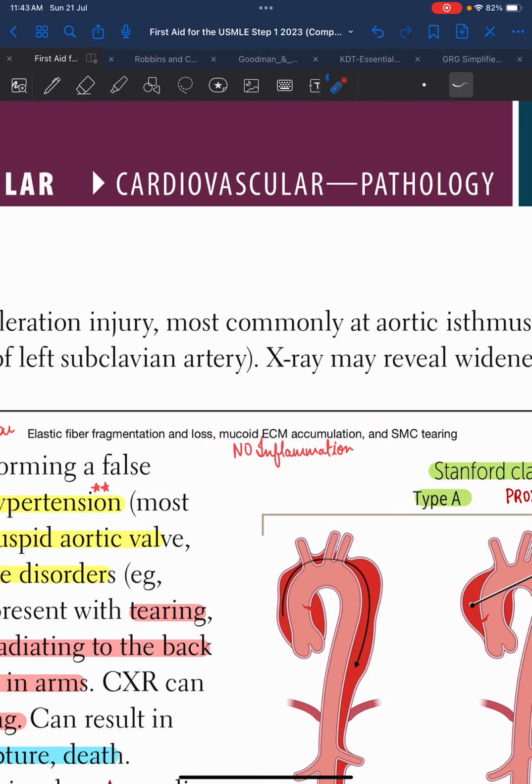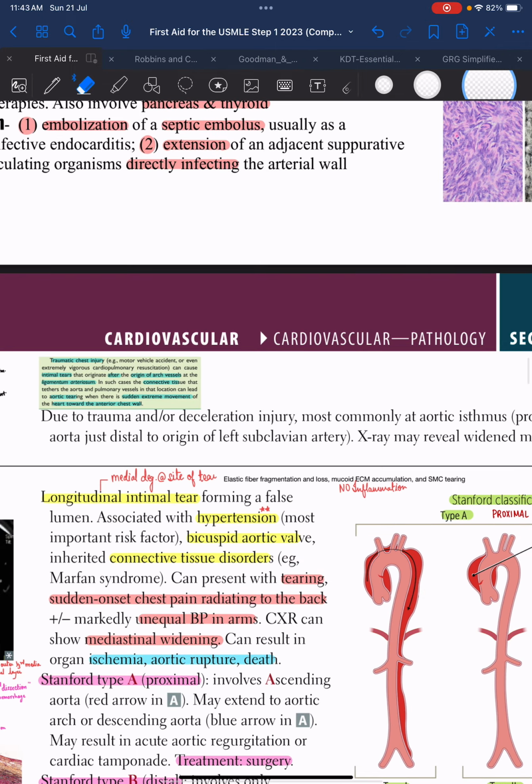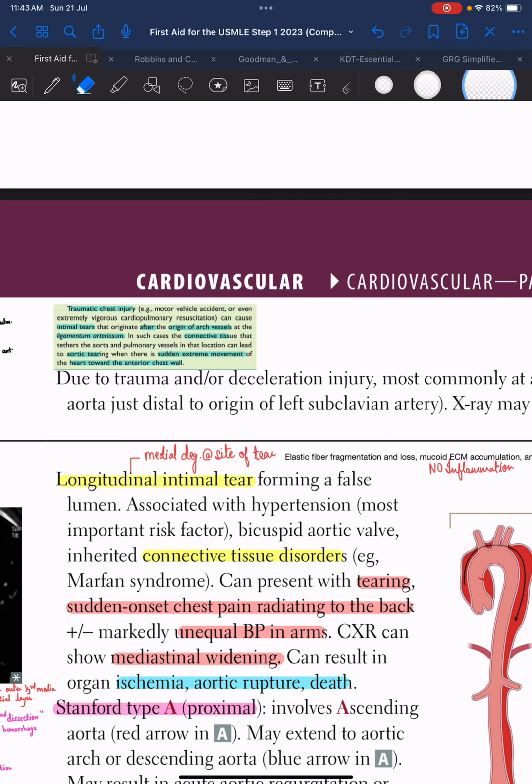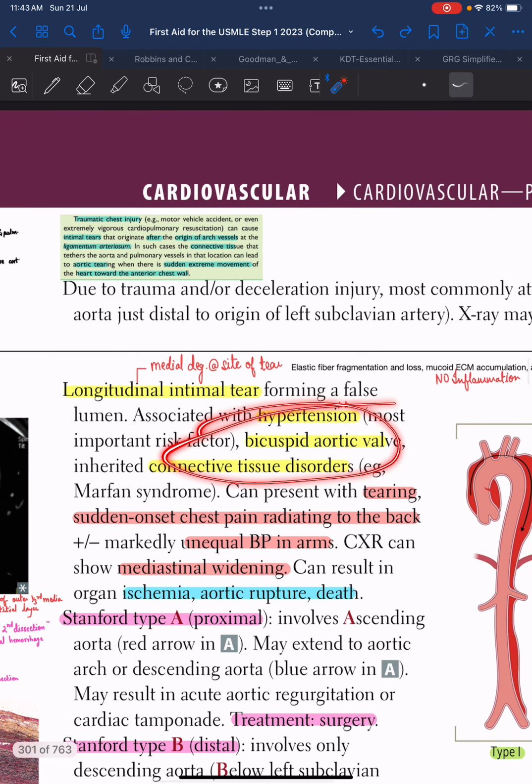Inflammation would cause fibrosis and scarring, so the vessel wall itself becomes very thickened, and there is no scope for a tear, right? It can be associated with hypertension, which is the most important risk factor. It can be due to a bicuspid aortic valve. It can be due to any connective tissue disorder. Okay, these are the risk factors.